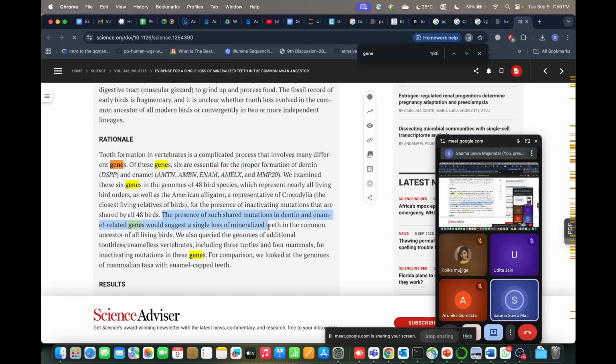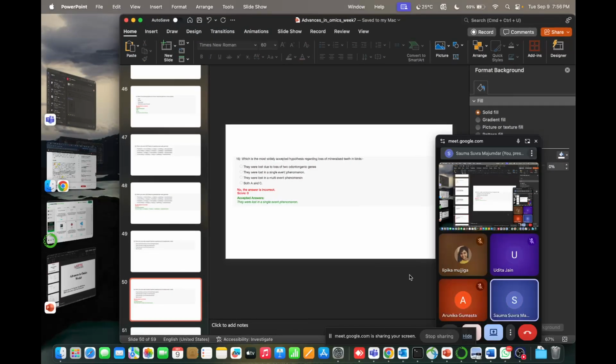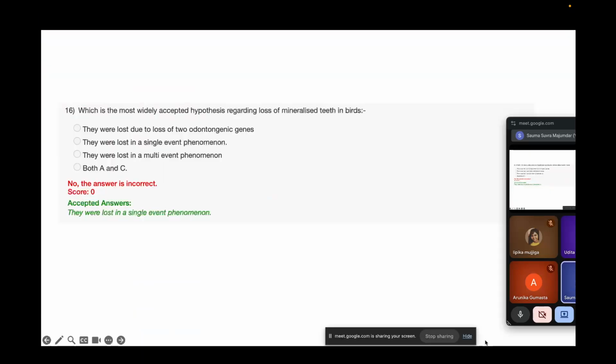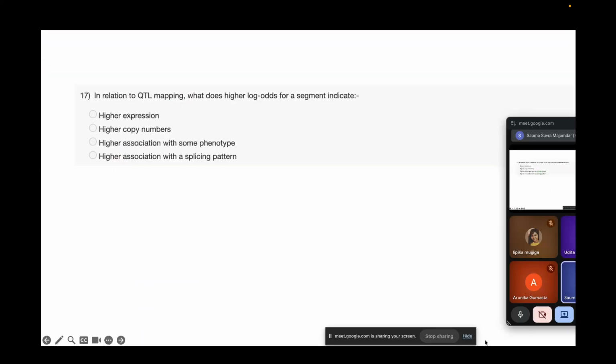Single loss of mineralized teeth in common ancestor. Single loss, yeah. Lost in a single event. Okay, that's great. Okay, moving on.